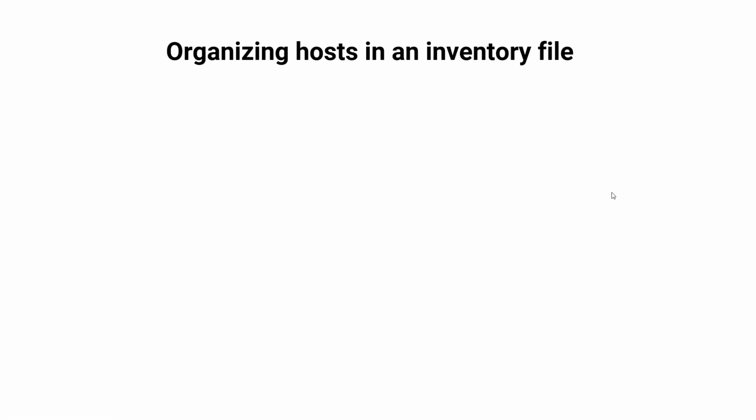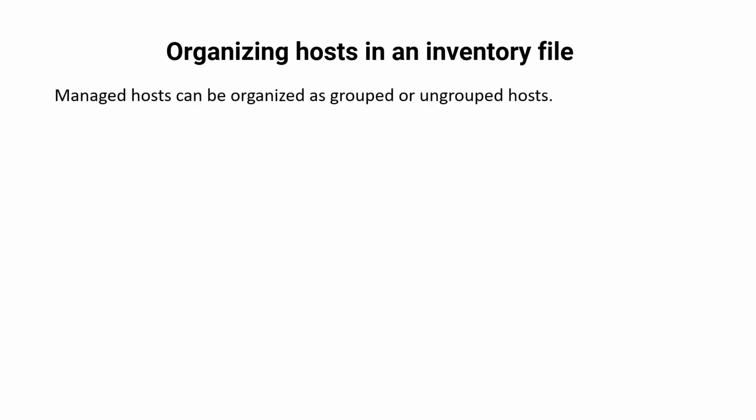Now let's see how you can organize hosts inside an inventory file. So far, you may have a clue of how to organize the hosts. There are two ways that you can organize the hosts in an inventory file. You can organize them as grouped or ungrouped hosts.